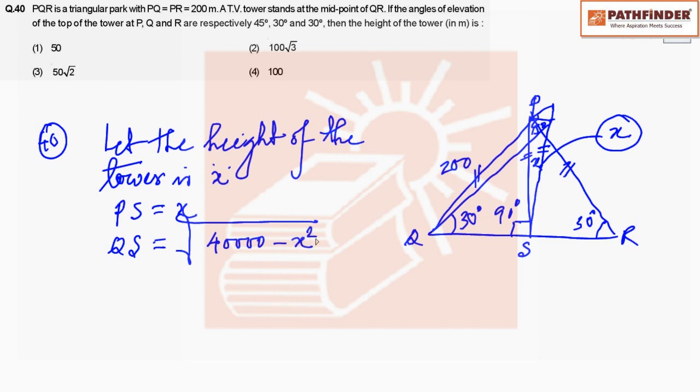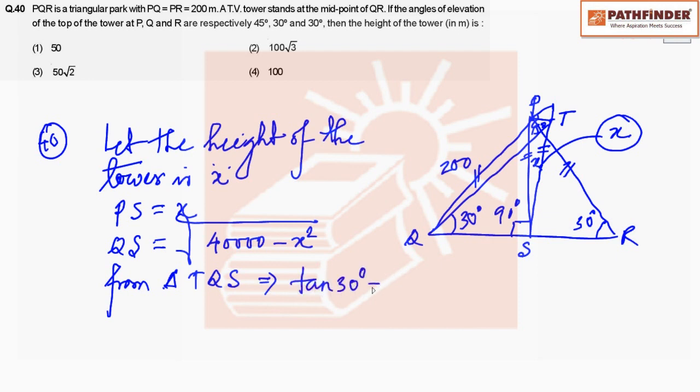Now from the triangle, see, ST is the tower. From triangle TQS, we get tan 30.